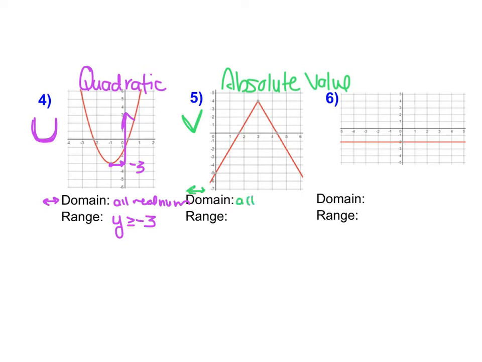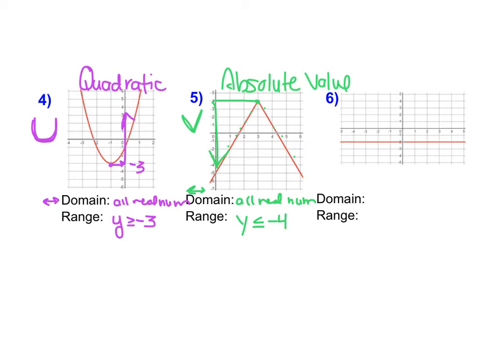So we have a domain of all real numbers. And then our range hits a high point at -4, and then we use all of the y values that are less than -4 to create various points on this graph. So we have y is less than or equal to -4.